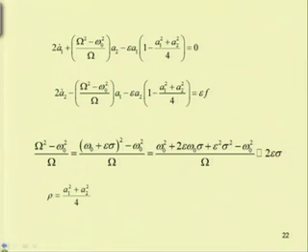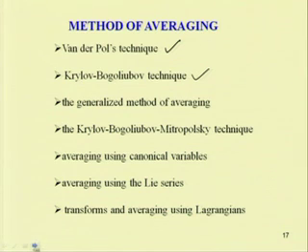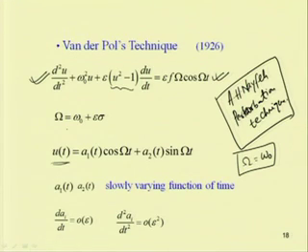In this case, one can note that we are finding the solution near ω equal to ω₀, that means the external frequency is nearly equal to the natural frequency of the system, ω₀, and in this case we know that the solution is periodic.